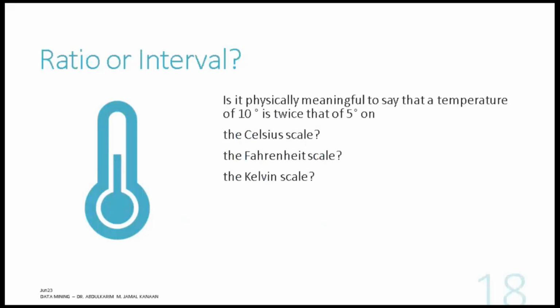When the Kelvin scale is zero, it means molecules stop moving, nothing. Everything is frozen. But when we say that the Celsius or Fahrenheit scale is zero, it doesn't mean life stops, right? We're still alive. We can survive.